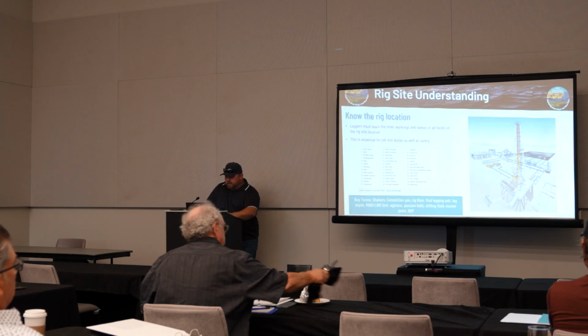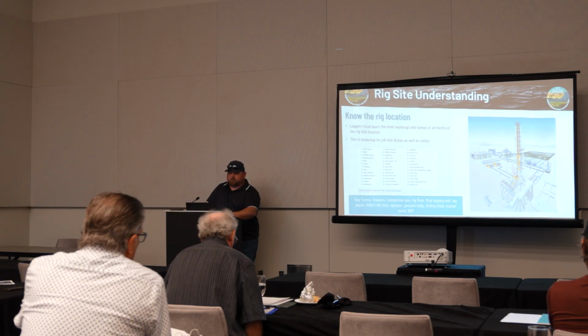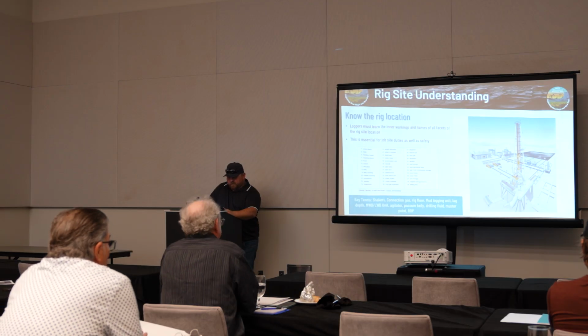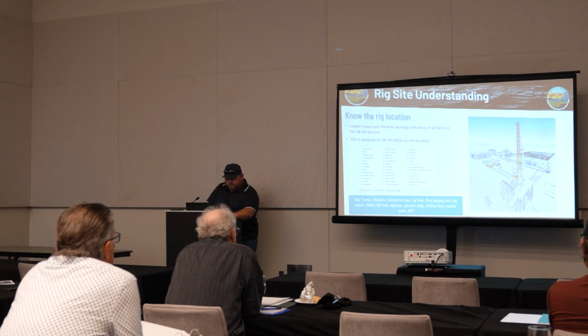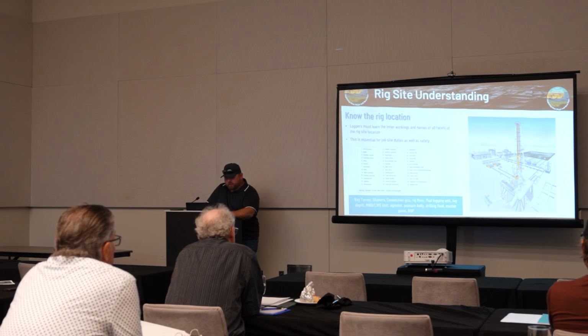Just a few key points on this diagram. Our biggest concern would be the shaker, the shale shakers. Number 24, and then the mud pumps. Another one, number 20. Where's that one at? 32. So knowing your type of mud pumps is a big thing for us too.